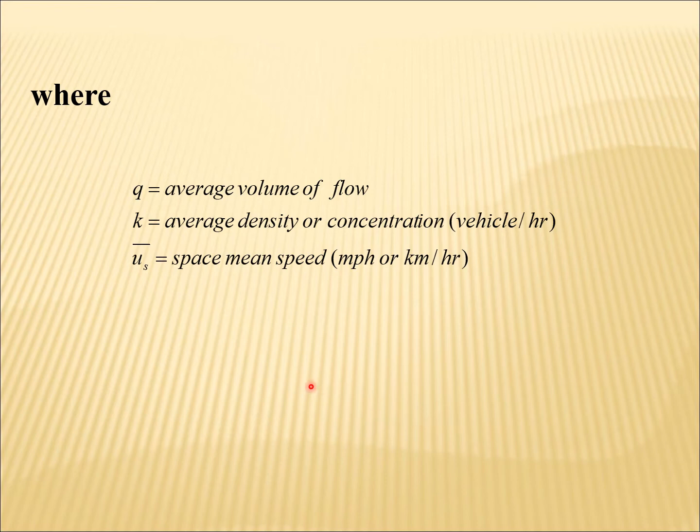Here Q is the average volume of flow, K is the average density or concentration in vehicles per mile, and U sub S bar is the space mean speed, that is, miles per hour or kilometers per hour.